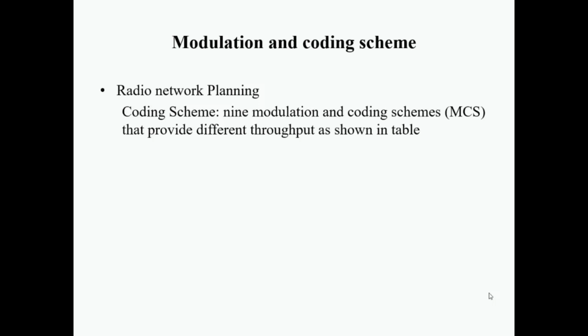So let's start with today's topic, which is radio network planning. In radio network planning, we use different modulation schemes, or adaptive modulation and coding schemes. In EDGE network, we use 9 different modulation and coding schemes to provide different throughput, which is MCS1 to MCS9, and each coding scheme has different data rate or throughput.